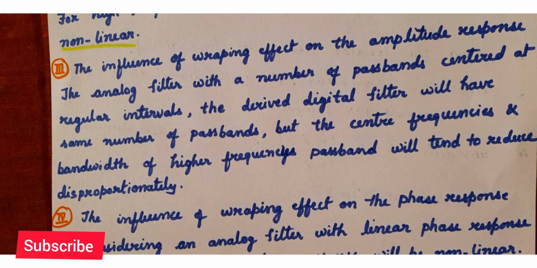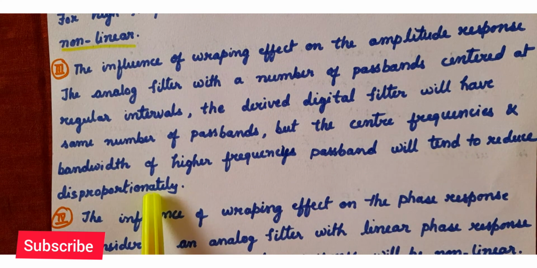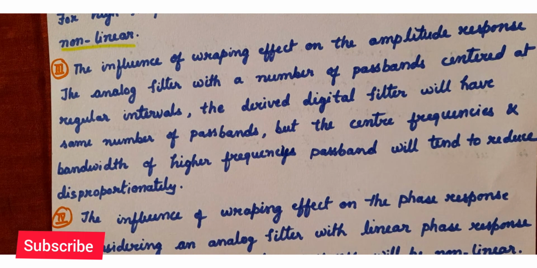The derived digital filter will have the same number of pass bands, but the center frequencies and bandwidths of the higher frequency pass bands tend to reduce disproportionately. So the number of pass bands is the same, but the widths are disproportionate in the derived digital filter.